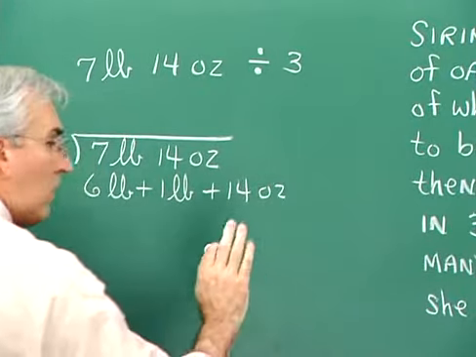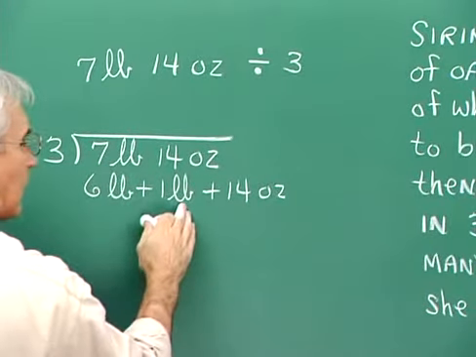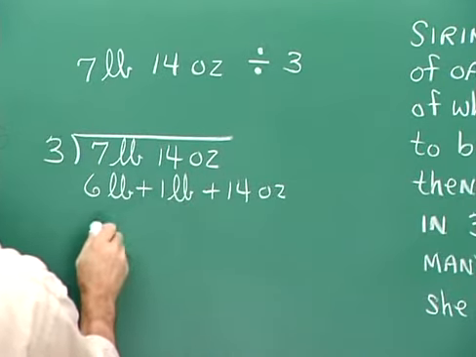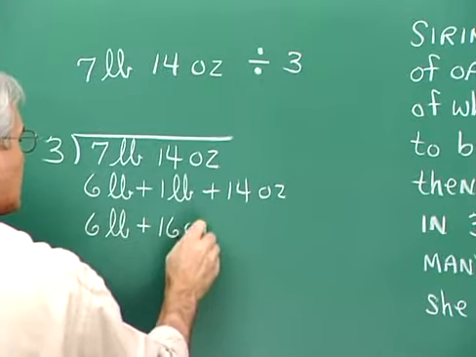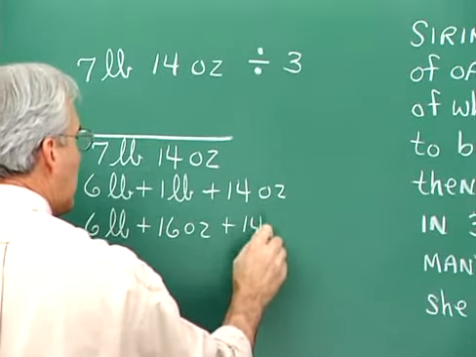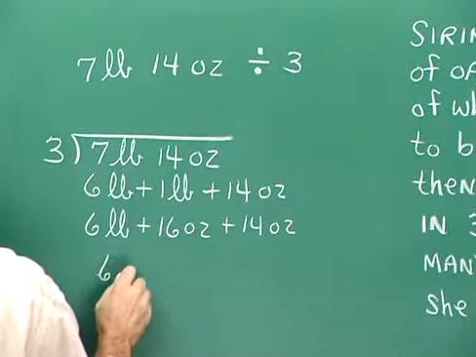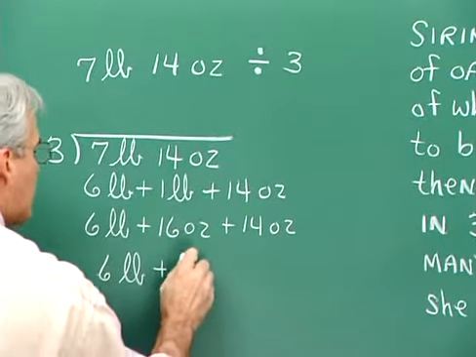I'm just going through all the steps here in the thought process. The 1 pound that we took away here is really 16 ounces. So this is 6 pounds plus 16 ounces plus 14 ounces. And now we can add the ounces to give us 6 pounds. 16 and 14 turns out to be 30.